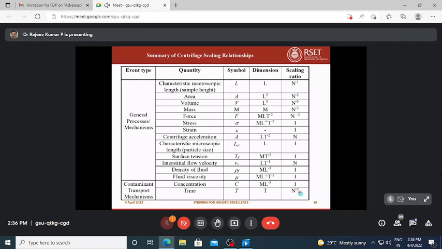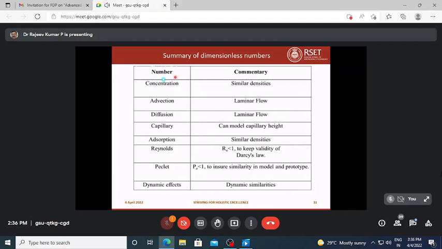These are the dimensionless numbers which I have already mentioned. The concentration, the density of the contaminant in the field as well as in the model, both are the same. Advection ensures laminar flow for clay soil, and diffusion again laminar flow. We follow that. The capillary rise can be modeled in both the contaminant transport model as well as in the prototype.